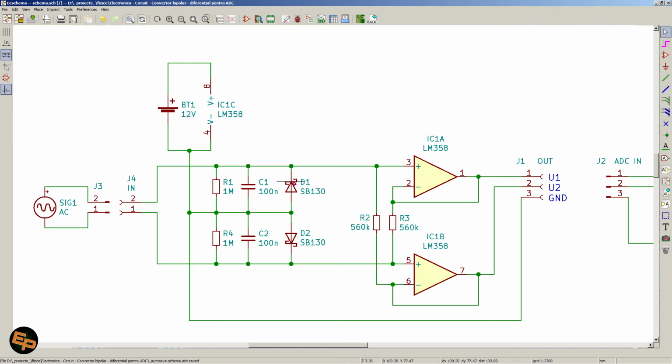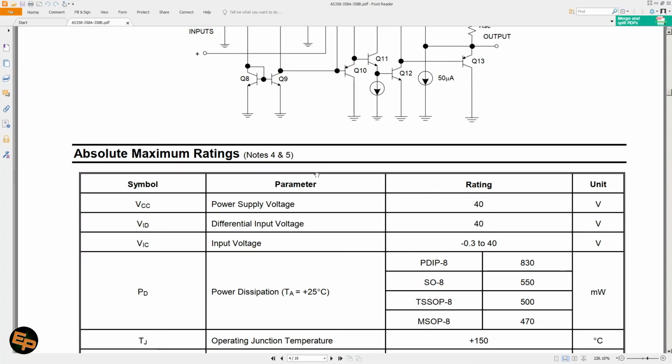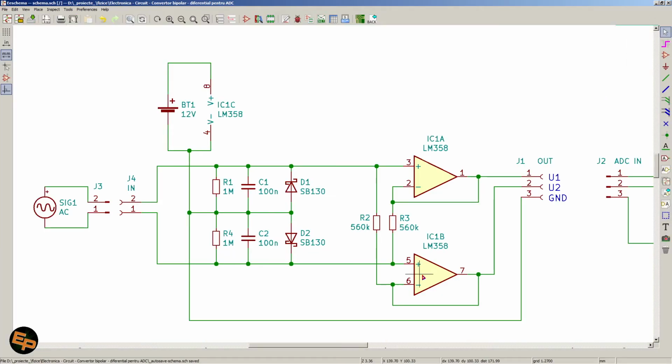You want to choose the Schottky diodes with the lowest dropout voltage. I used these ones because these were the only ones that I had. These are okay, because the LM358 specifies that it actually does accept minus 0.3 volts on the input. It's not much, but it's okay, so it's not a big problem.